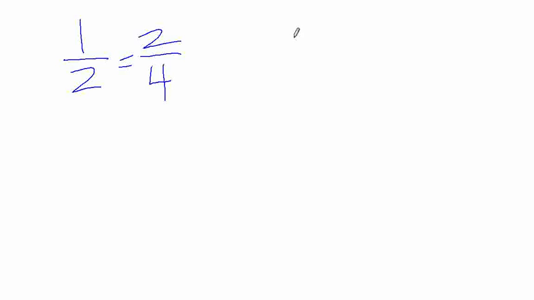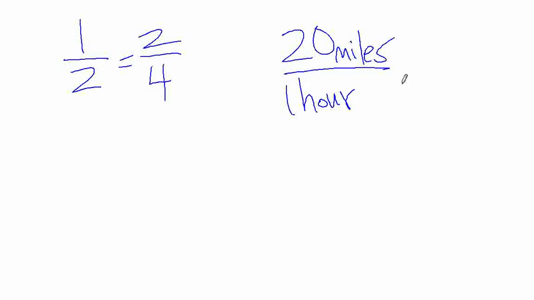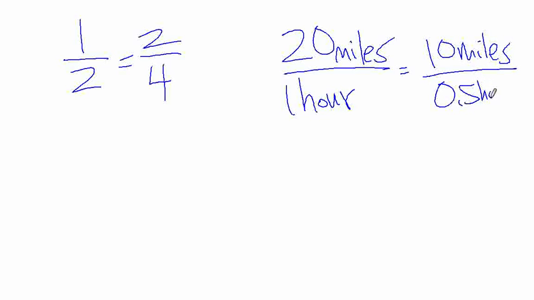Suppose I know that if a car is driving 20 miles per hour, then the car is going just as fast as another car that goes 10 miles every half hour. If I say that those two ratios are the same, I've created another proportion.